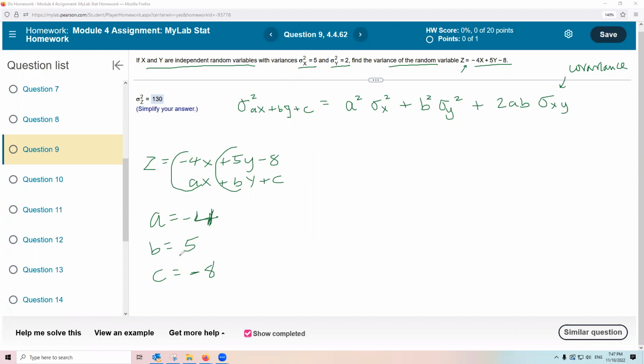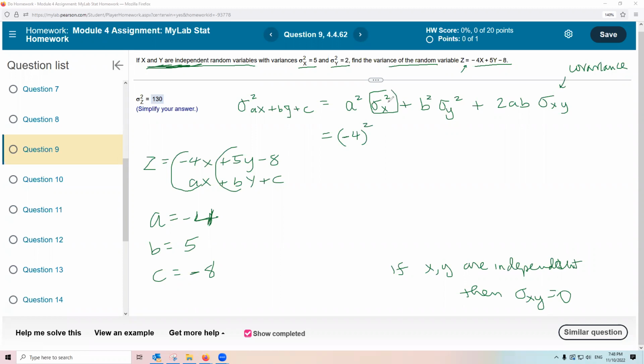All right, now one other thing I have to take into account is, this problem is telling us that x and y are independent. Well, if x and y are independent, that means the covariance is 0. So I'm going to plug into this formula. All right, a squared. Our a value here is negative 4 squared sigma x squared.